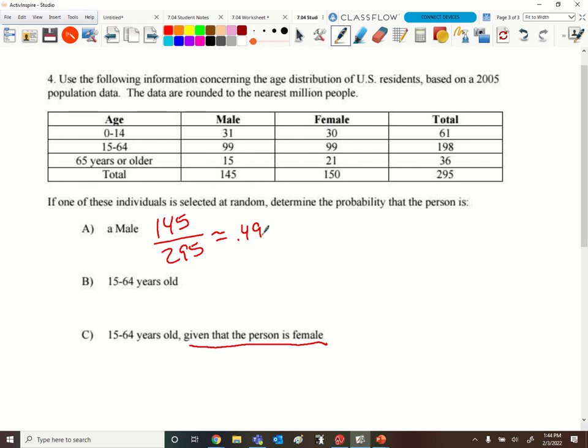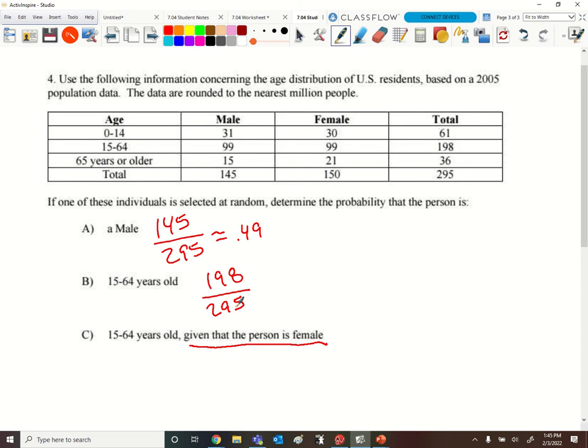And that's why I pointed out that the givens don't start till down here. So B says 15 to 64-year-olds. What's that number? 198. 15 to 64, 198, out of 295. So these ones are looking out of the totals, which is different than what we were doing earlier.